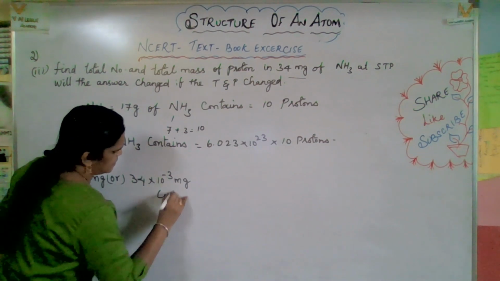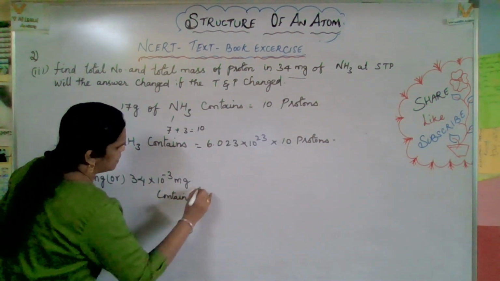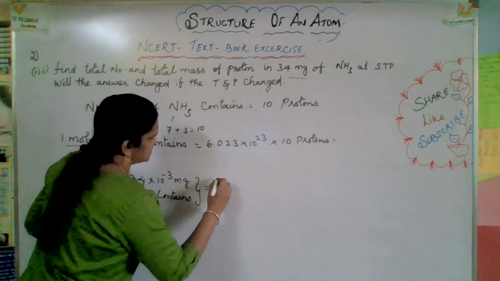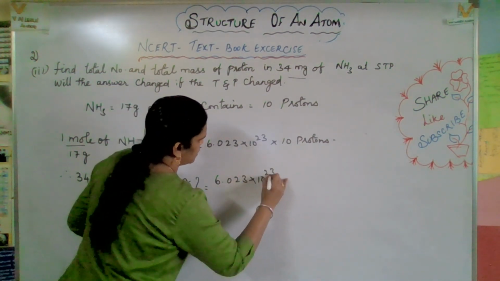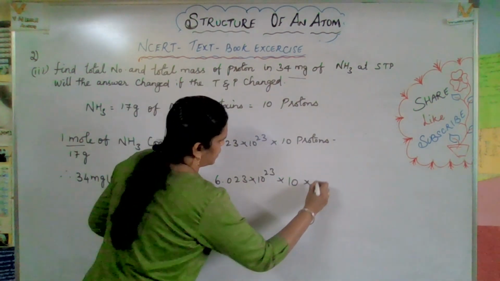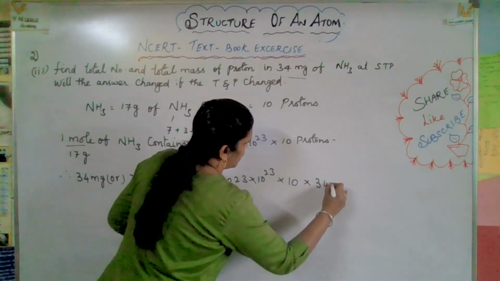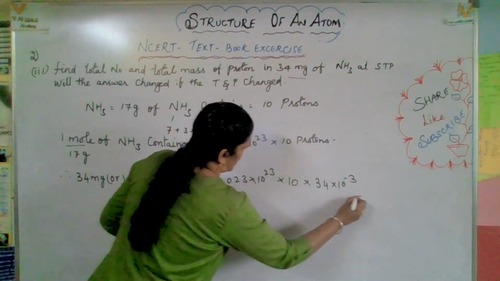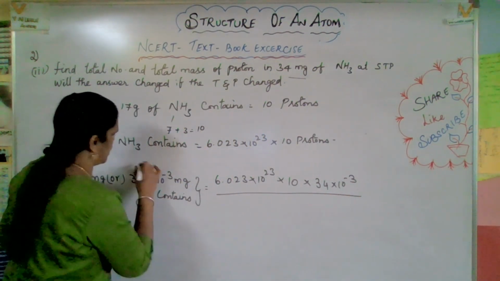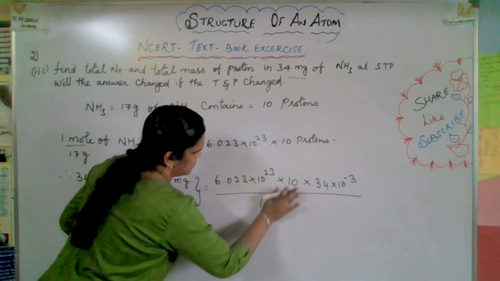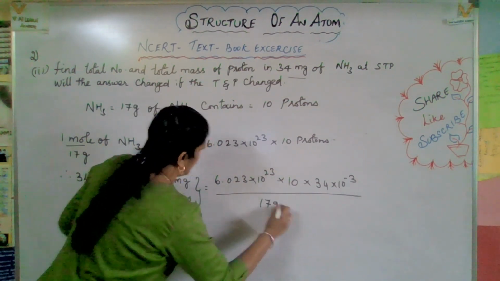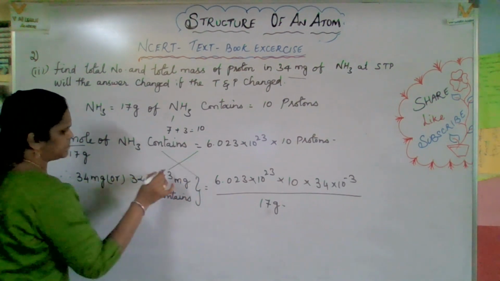It contains how many protons here? 6.023 into 10 to the power of 23 into 10 into 34 into 10 to the power of minus 3 divided by 17 gram, right? See, cross multiplication.